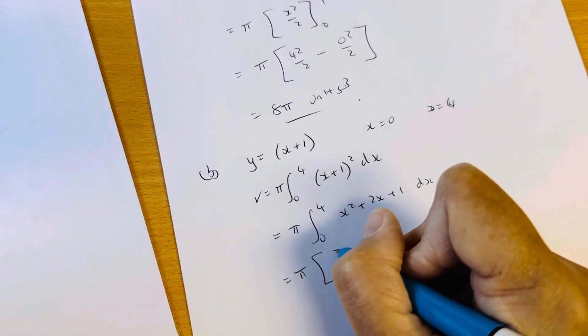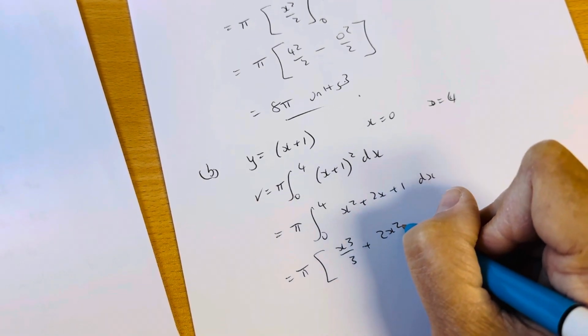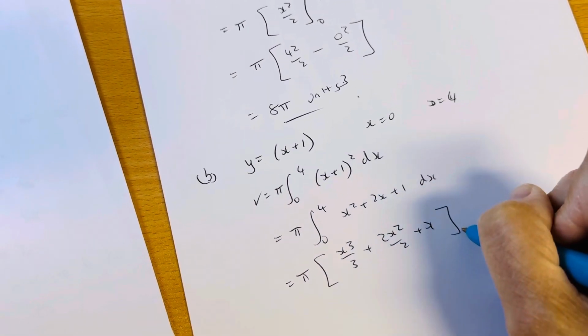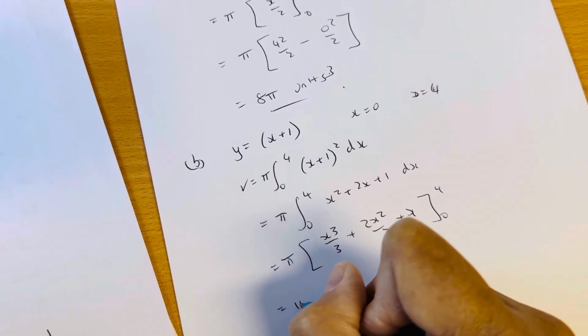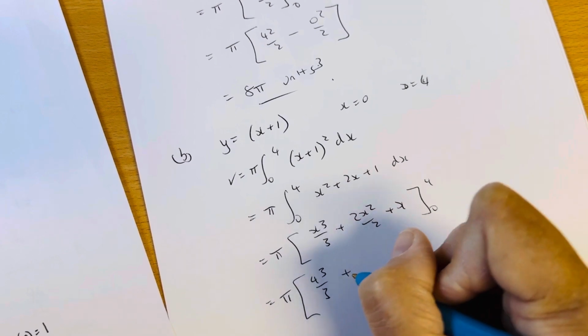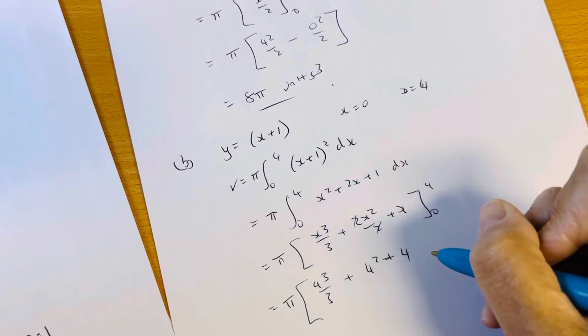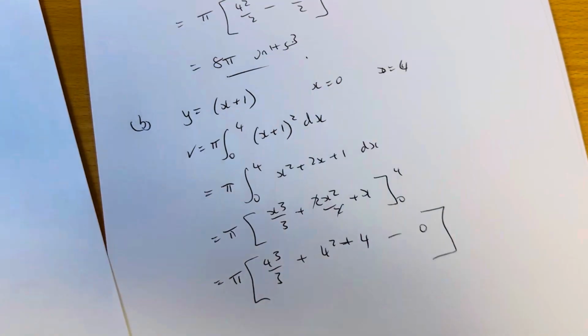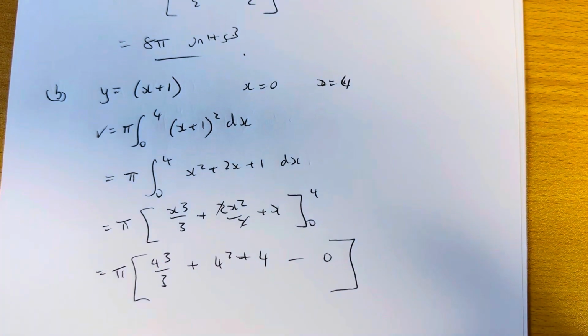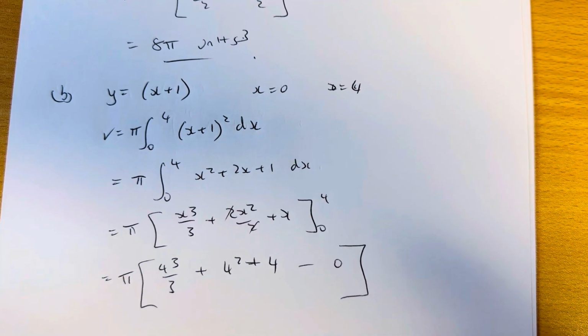Pi, so that's x cubed on 3, plus 2x squared on 2, plus x, from 0 to 4. So that's 4 cubed on 3. Well, those 2's cancel, so it's going to be 4 squared plus 4 minus 0. Just doing the generic minus 0 because each of these terms will go to 0 if we put 0 in.